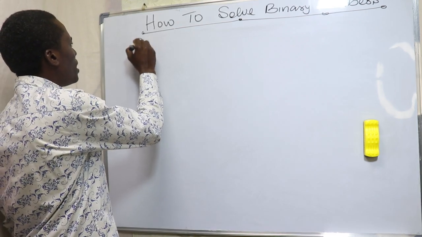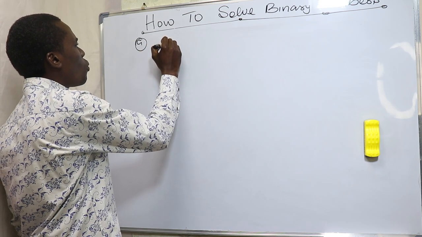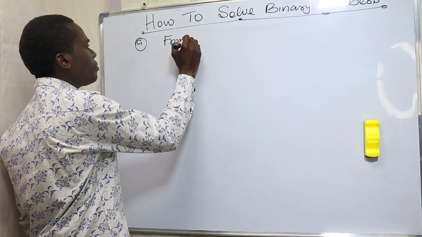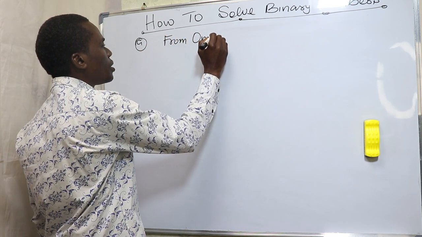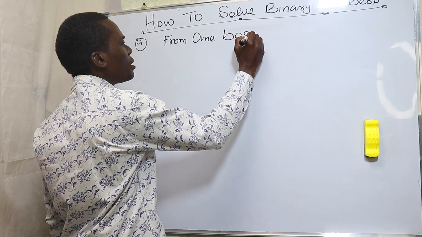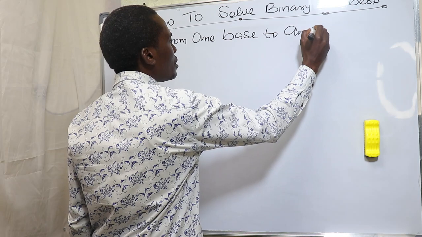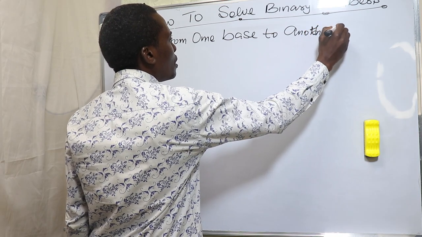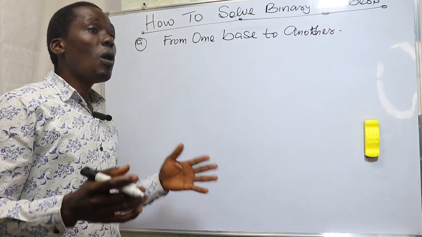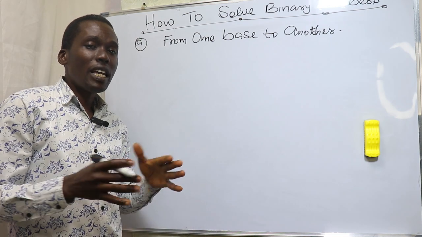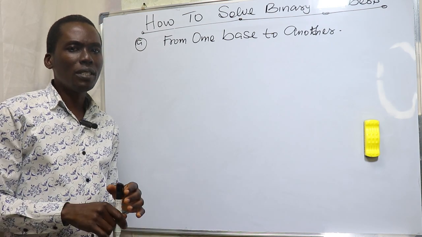Now we will look at first how to convert from one base to another base. Now when we talk about number bases, make I give you the basis of number bases.